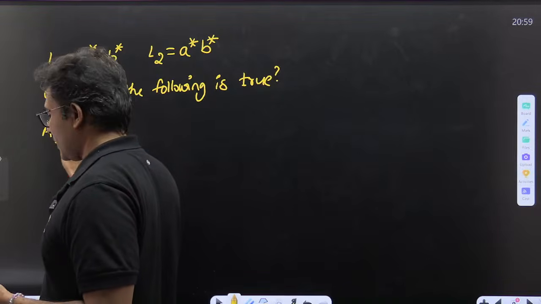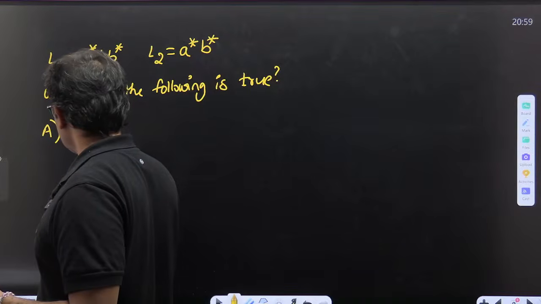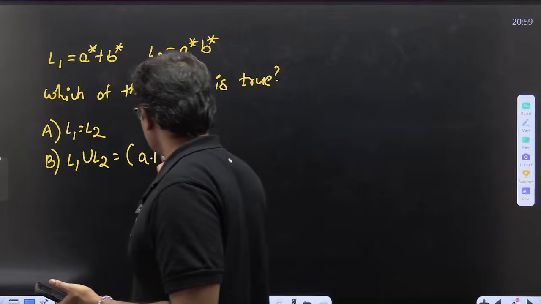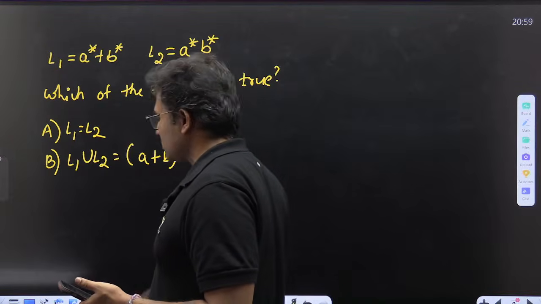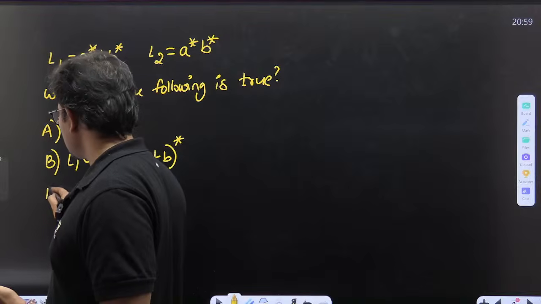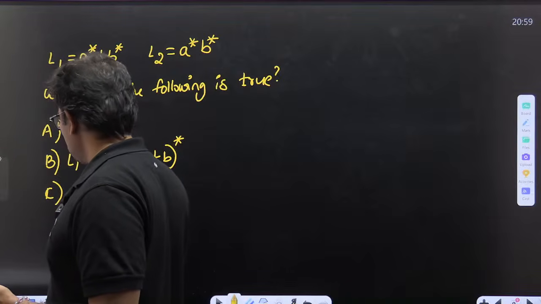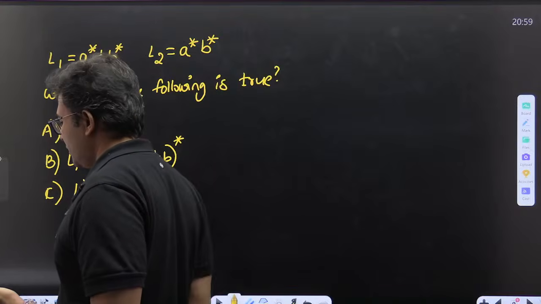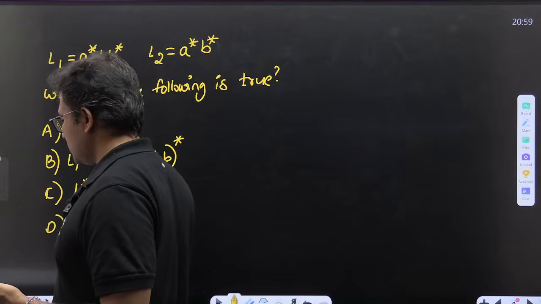A, L1 is equal to L2. B, L1 union L2 is equal to A plus B star. C, L1 star is equal to L2 star. D, none.